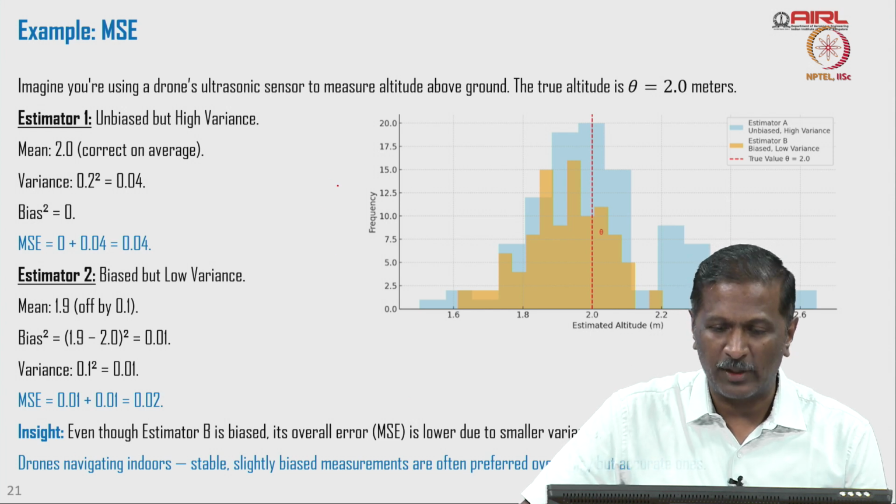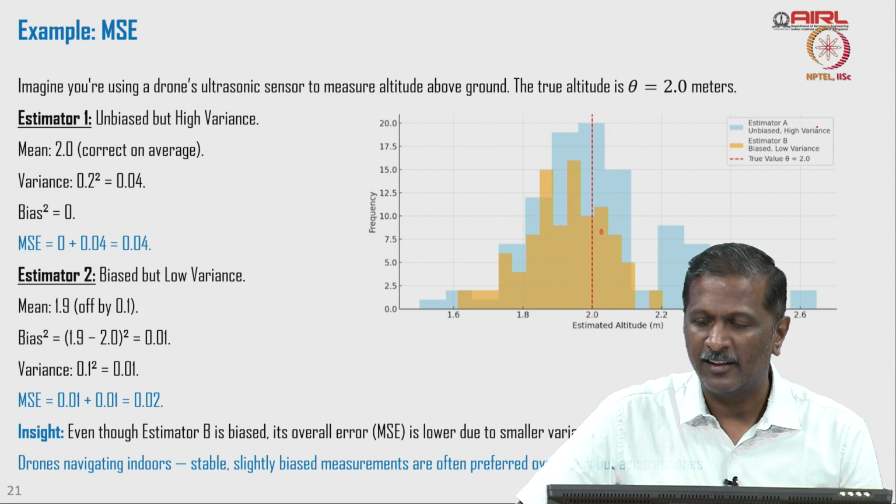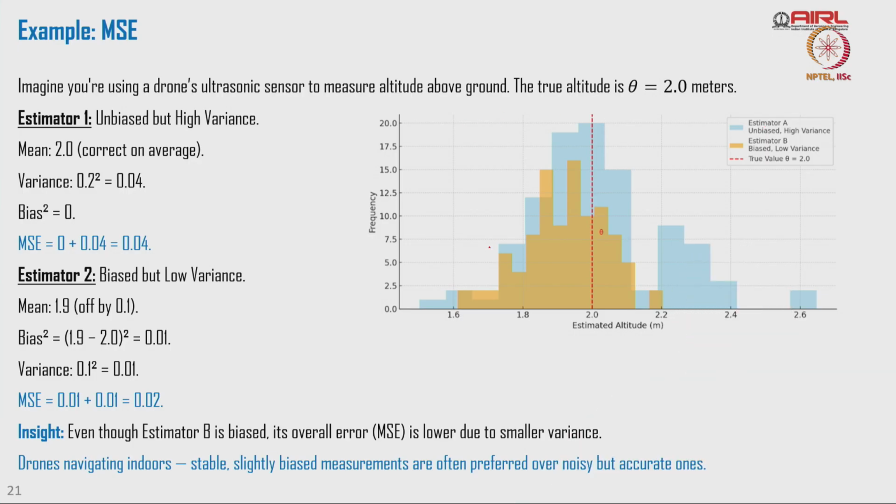So let us get more understanding, looking at both bias and variance together. Let us say I have one estimator whose mean is on target. My variance is 0.2 squared, which is 0.04, and bias is 0, so my mean square error is 0.04.